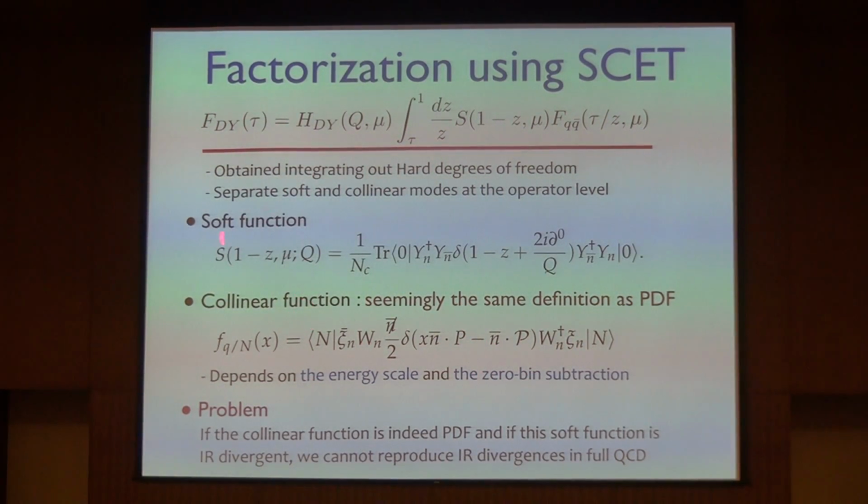But before we identify this collinear function as the parton distribution function, we have to check one point: whether this soft function is infrared finite. For example, if the collinear function is indeed the parton distribution function, and if this soft function is infrared divergent, we can't reproduce the infrared divergences in the proof, because in the proof all the infrared divergences are located in the two parton distribution functions, right?